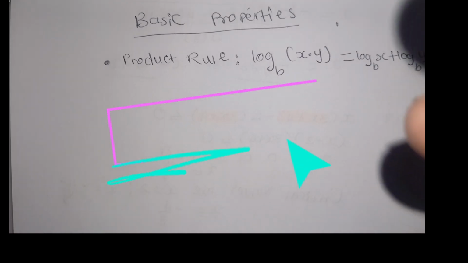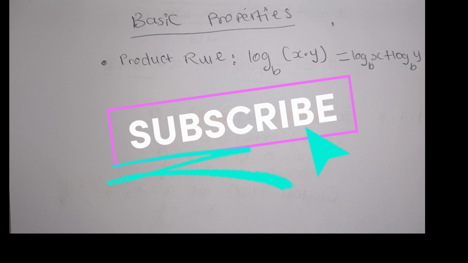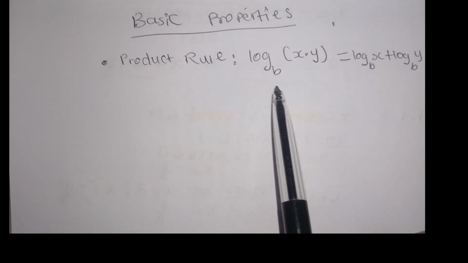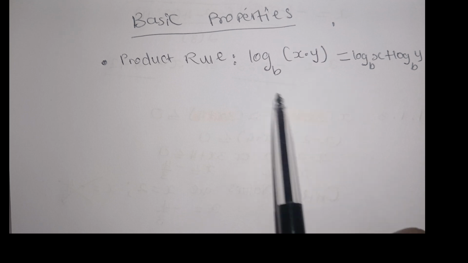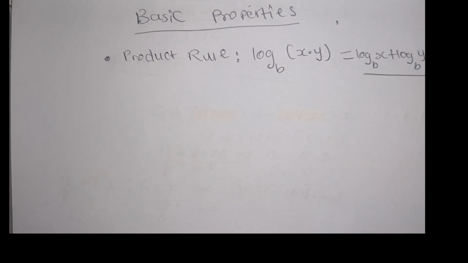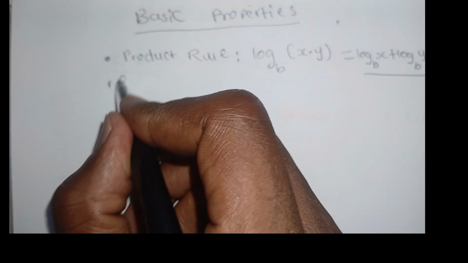This is basic. As we're talking about basic properties, we have the product rule, which is log b of x multiplied by y. When we are expanding it, it is just equal to log base b x plus log base b y, right?